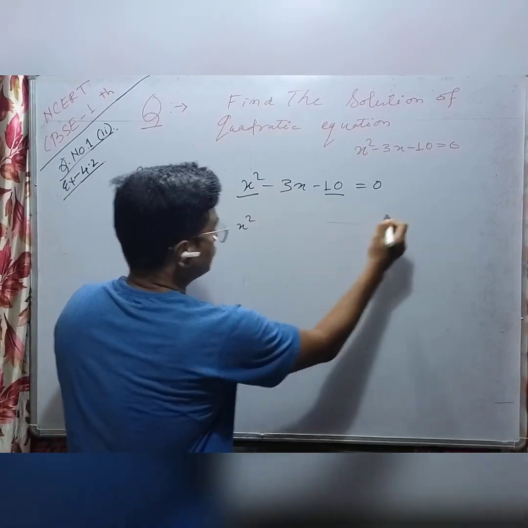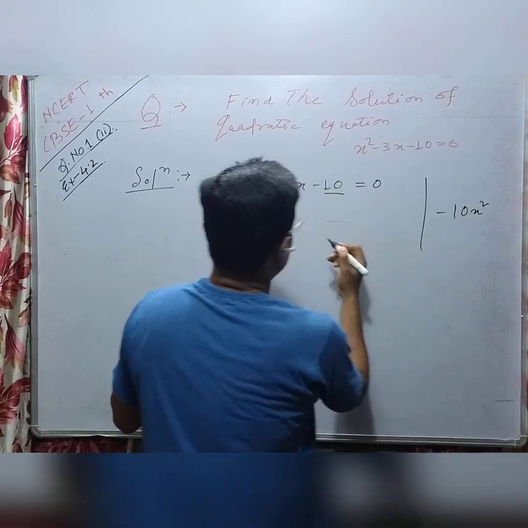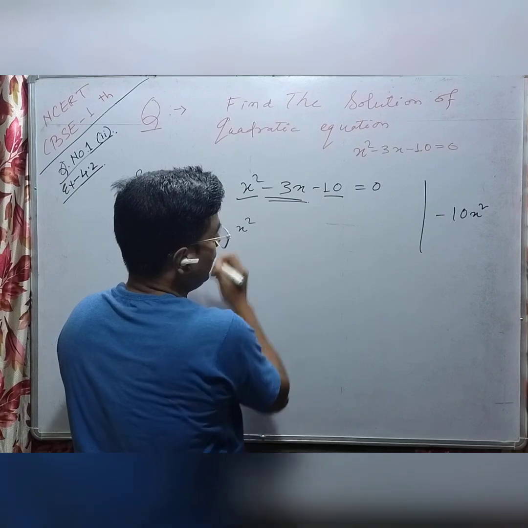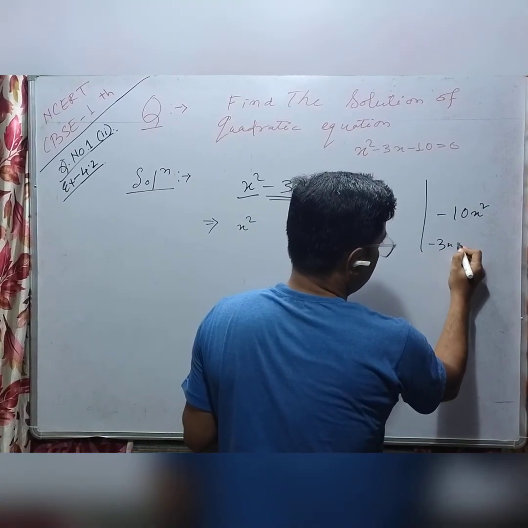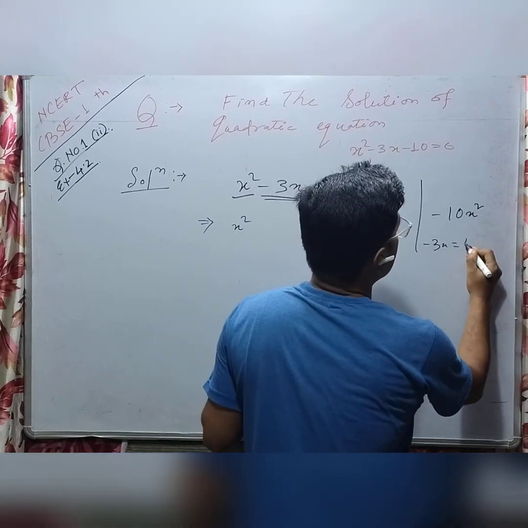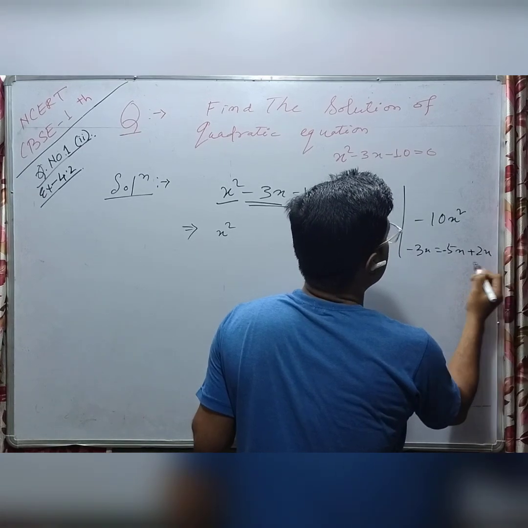Minus 10 into x square is minus 10 x square. Here the middle term is minus 3x. Minus 3x should be split into two different terms, that is, minus 5x plus 2x.